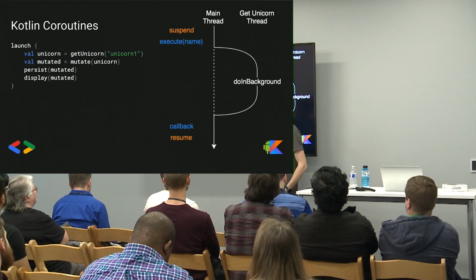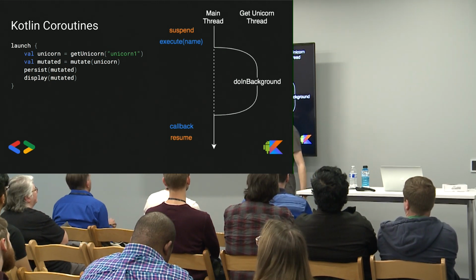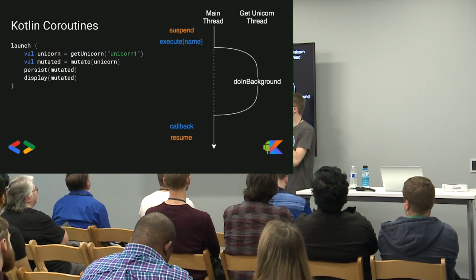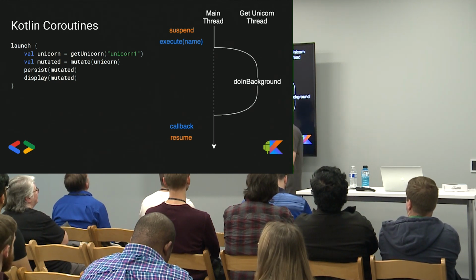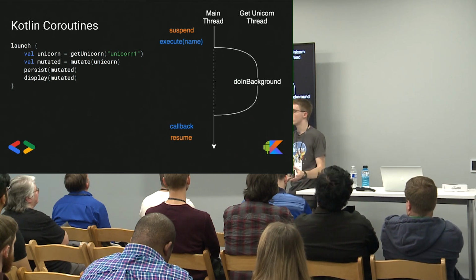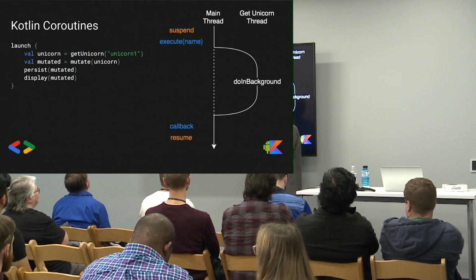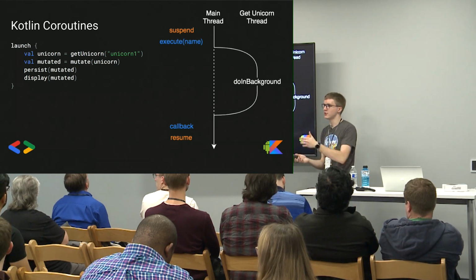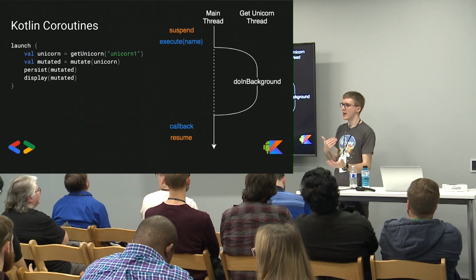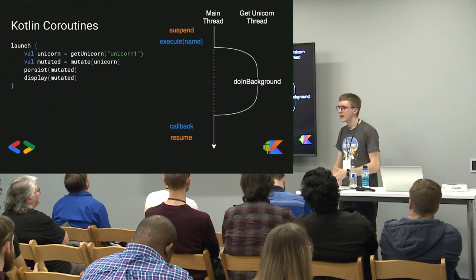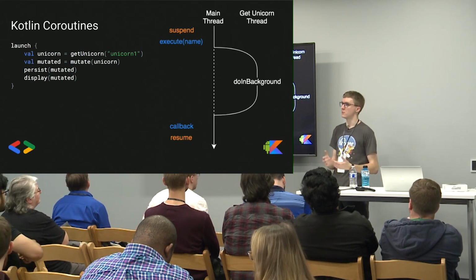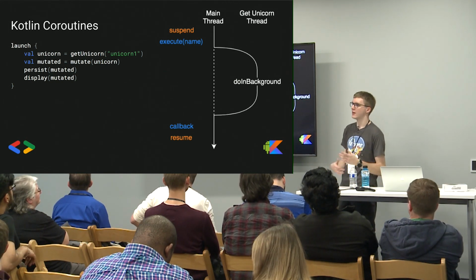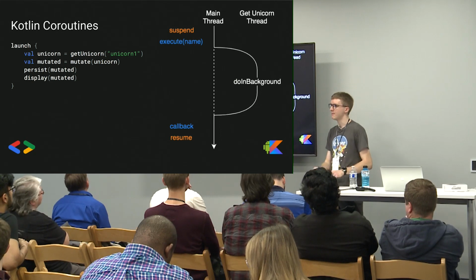This reads like synchronous code, but it's not. And so it is meant to kind of remove the need to move towards that RX observable pattern. That said, like I was mentioning before, there even is an RX library for Kotlin Coroutines. I'm not too familiar with it, but they add a lot of functionality to kind of bridge that gap.